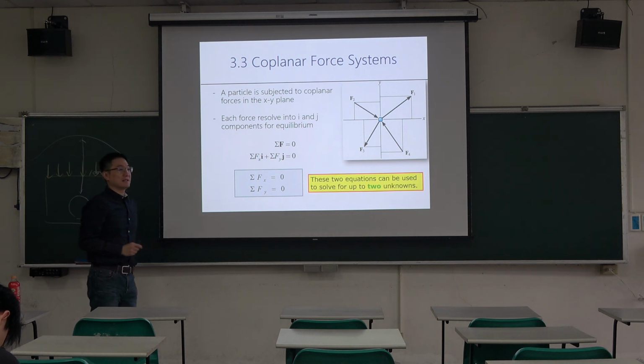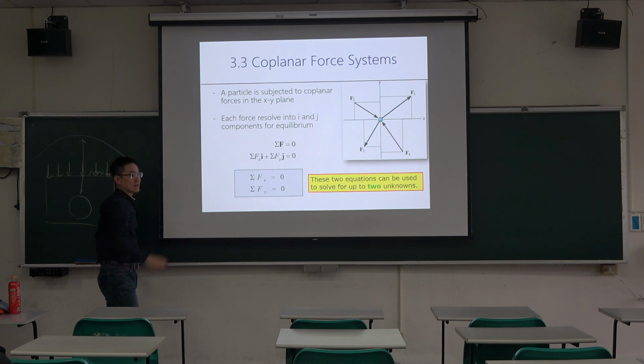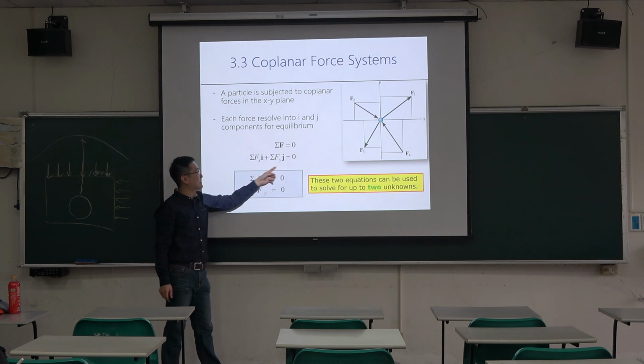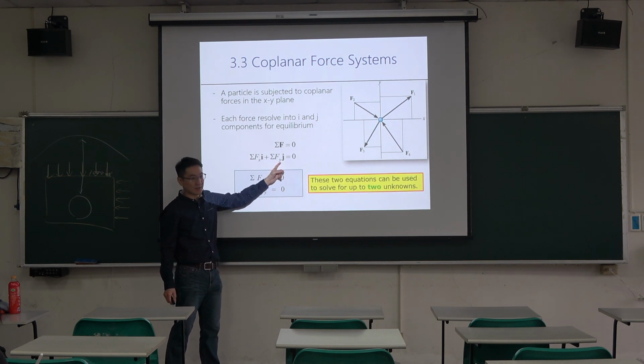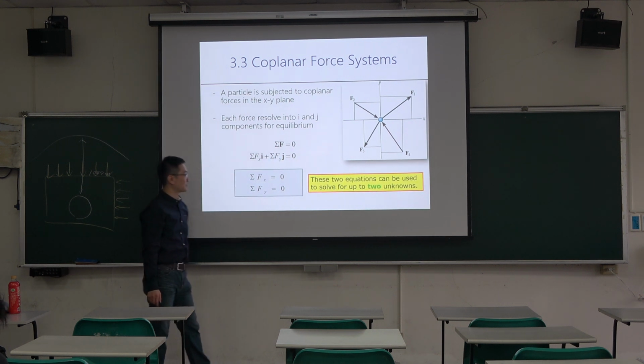If the question is a two-dimensional problem, we can express it using the Cartesian vector system. The summation of forces equals 0, so in the Cartesian vector system, the x direction and y direction summations are also equal to 0.